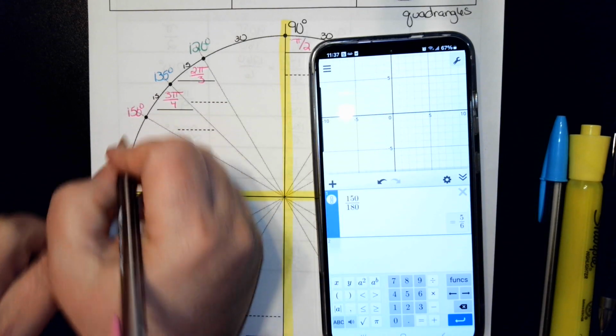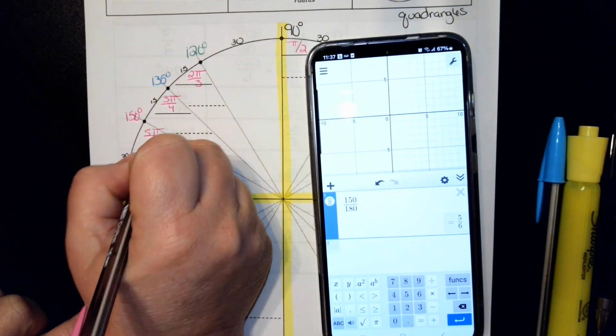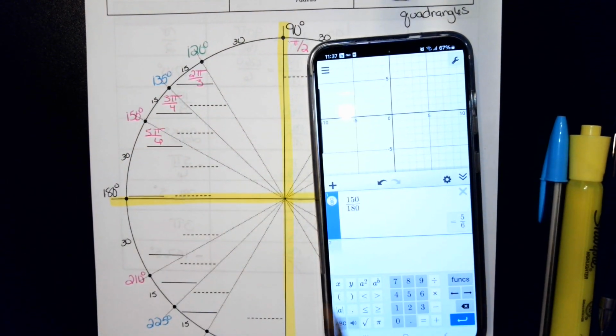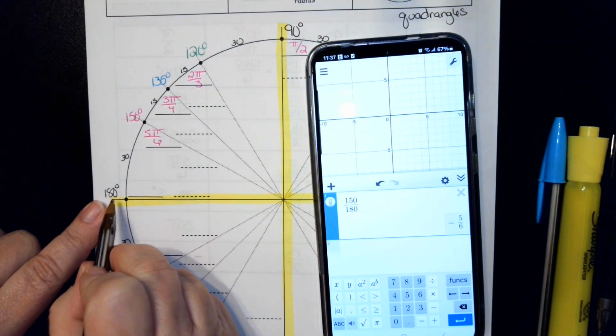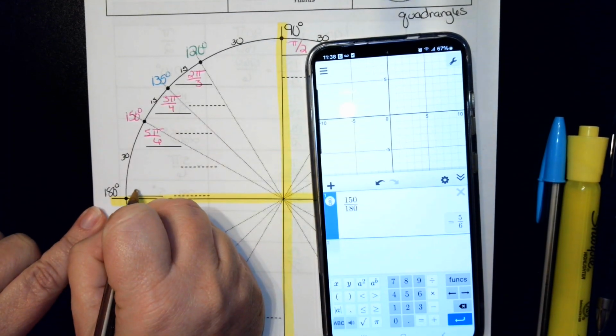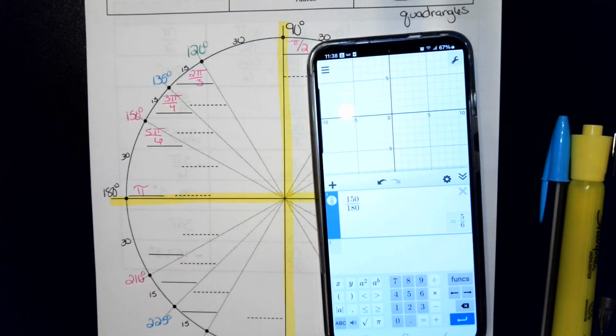We get 5 over 6, so we get 5 pi over 6. And notice again, I'm not putting pi in the calculator. You do not want to put pi in the calculator. 180 over 180 is 1, so we get 1 pi, or just pi.